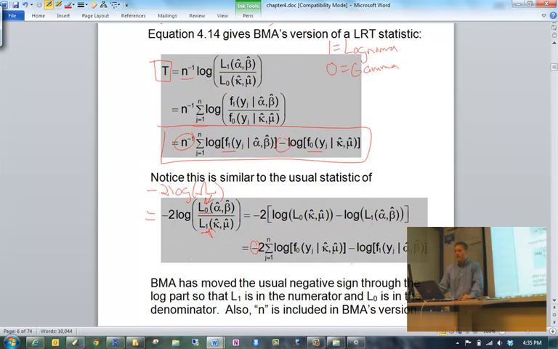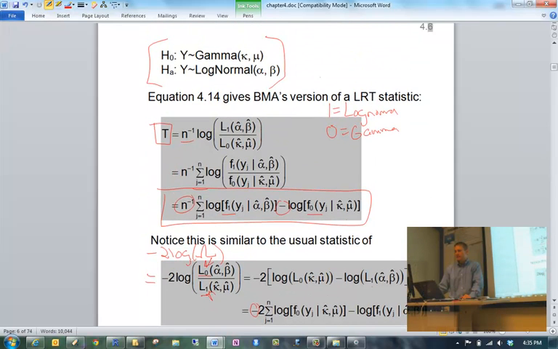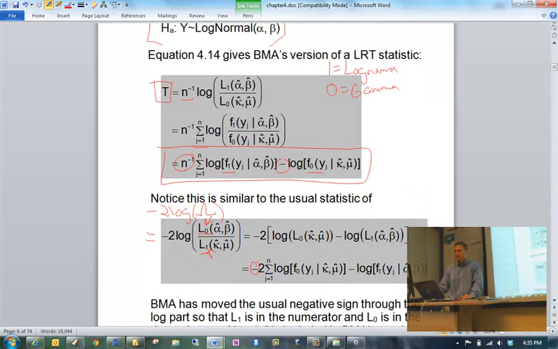Your null is the gamma? Yeah. And your gamma is parameterized kappa and mu. Oh, okay, I'm sorry. I was going based on the parameters, so the parameters are actually what's flipped. I was going by the subscripts, not the parameters. But yes, you are correct. I was trying to get my subscripts to match my parameters, and I wasn't sure which way they had gotten flipped, whether the parameters were flipped or the subscripts were flipped.